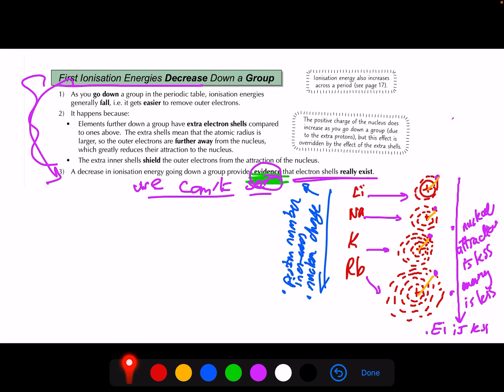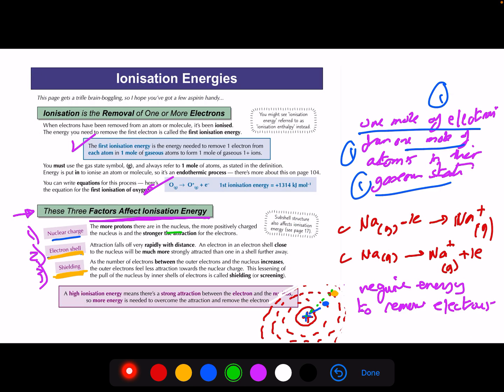Although there is an increase in the nuclear charge as the proton number increases down the group, the effect of the shielding and the extra electron shells, which is the increase in the distance, overrides the effect of the increasing nuclear charge. As if there are two factors struggling against each other.